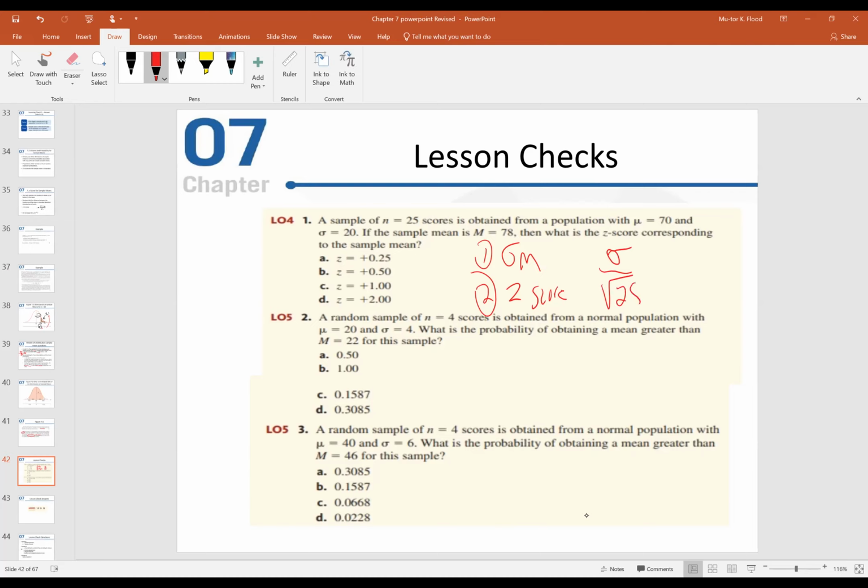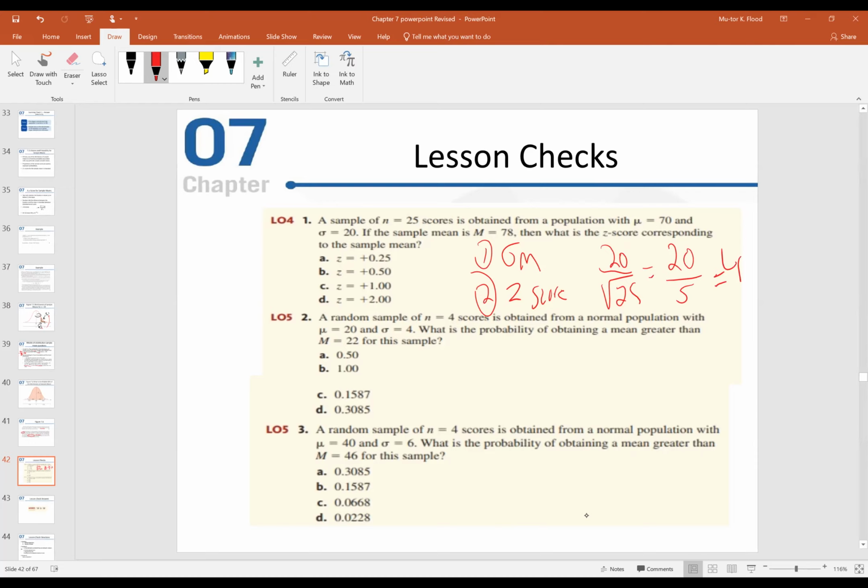So the standard deviation is 20. So 20 over 5 gives us 4. So 4 is our standard error.